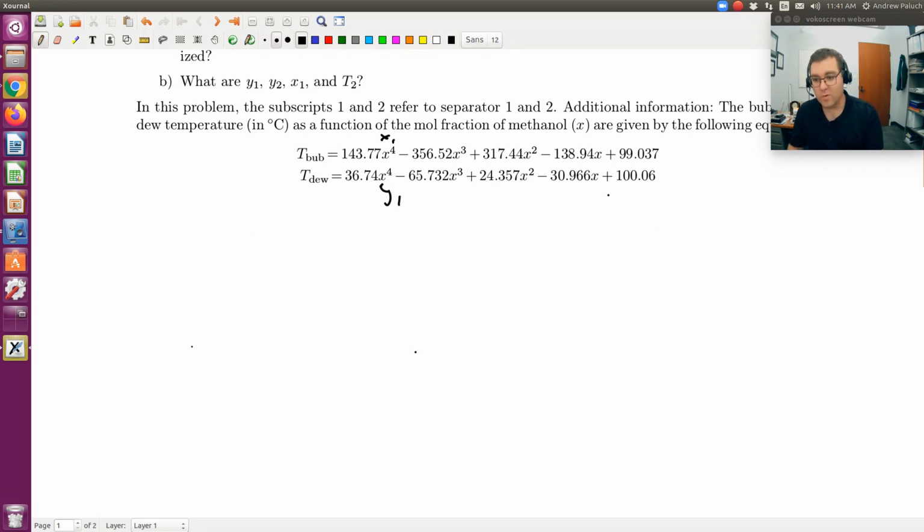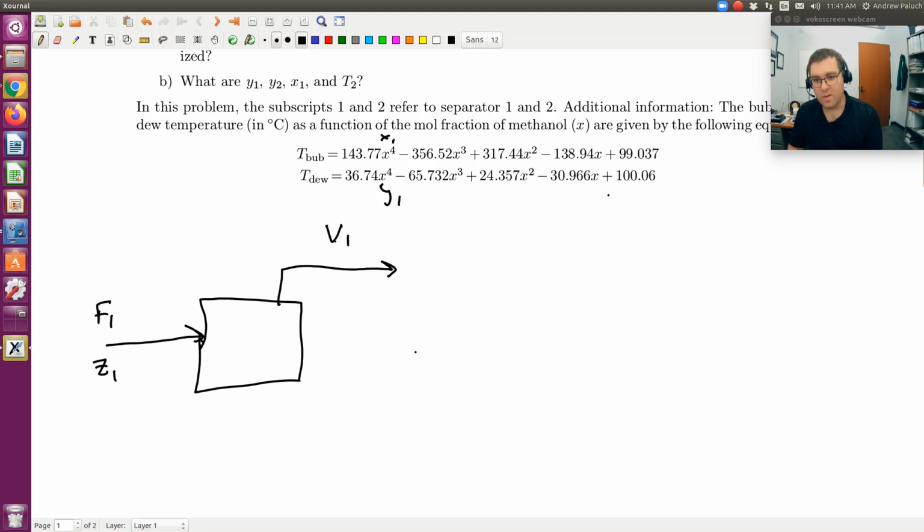If I start with drum 1, since I have two drums in series, into drum 1, I'm going to have some feed of composition Z1. Coming off the top will be some vapor, V1, of composition Y1. And then out the bottom will be some liquid L1 of composition X1.